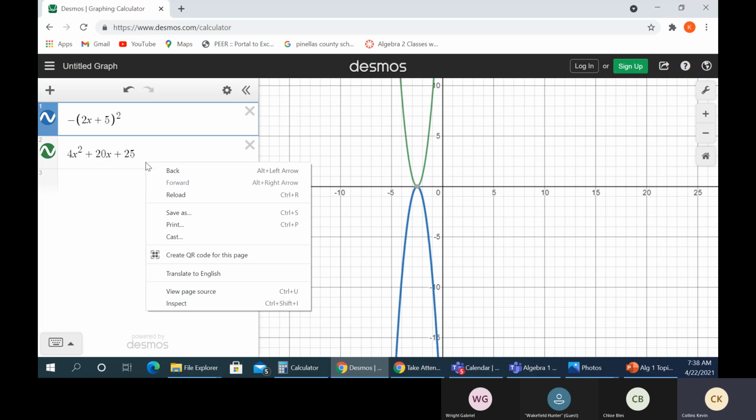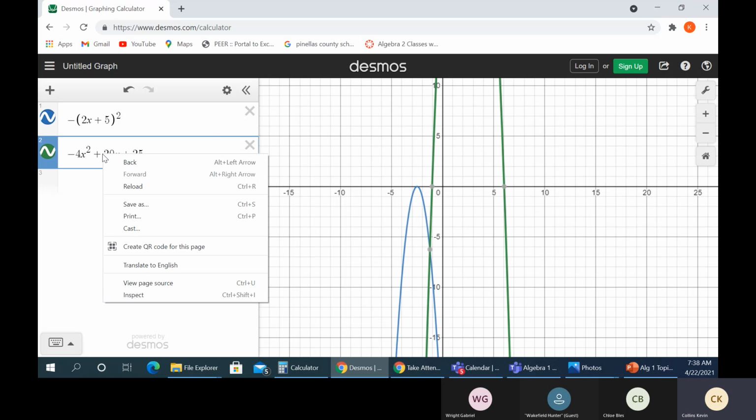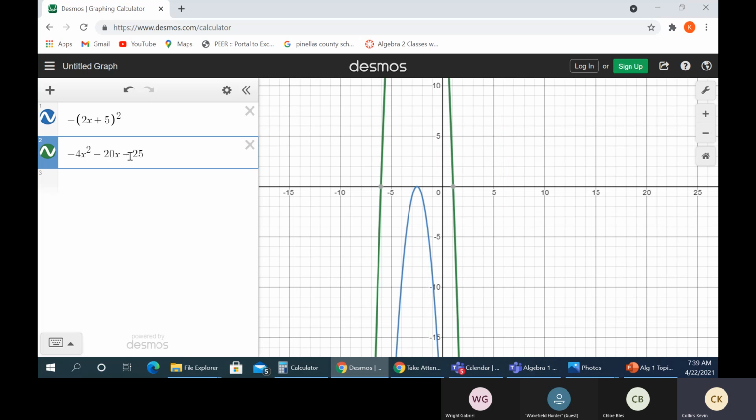So for this one, if you switch this sign, that's a good start, but that's not what we want, is it? That means you have to switch the signs on all of them if you multiply it out. I don't recommend you do that, but you can. Switch all the signs if you're going to do it like that.